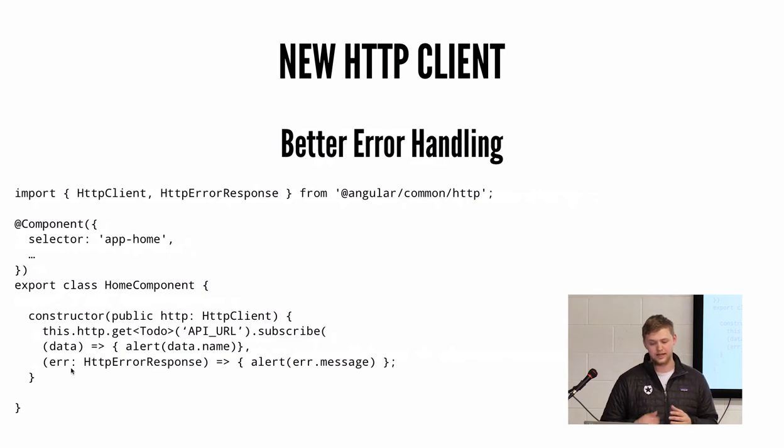The next one is the error function, the error callback. And with this, you can give it a type of HTTP error response, and this is going to give you all the information you could ever want about the error. You could get the error name, error status code, whatever else is coming back from your API. So it gives you a much better way to handle errors when making HTTP requests.